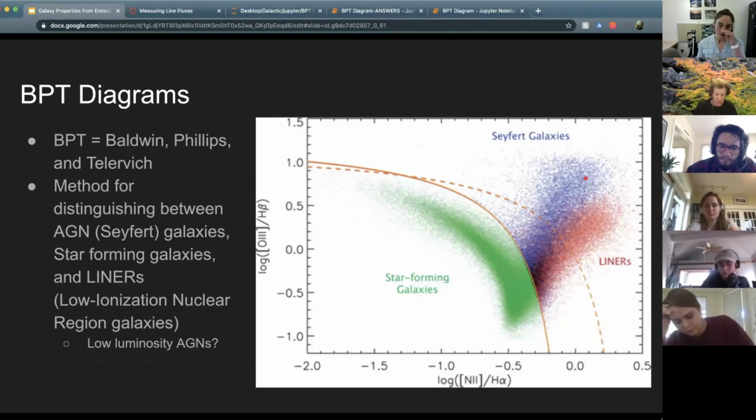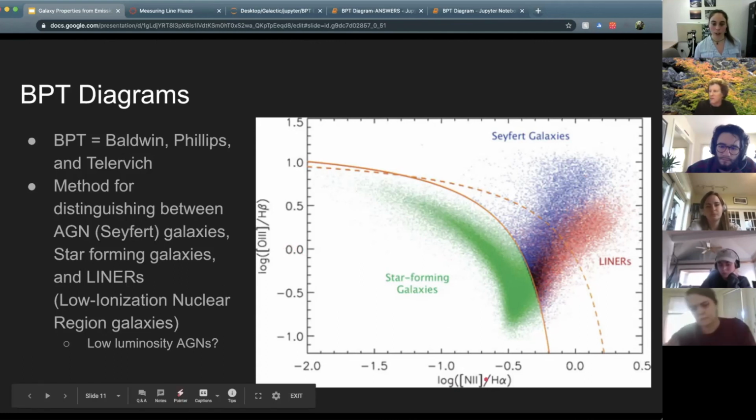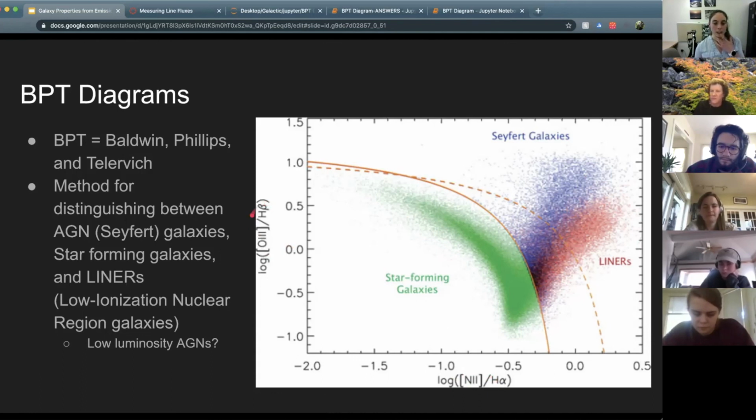And they found that they could separate AGN galaxies or Seyfert galaxies from star-forming galaxies and LINER galaxies, or low ionization nuclear emission region galaxies, which we think might be a type of low luminosity AGN, based on these two ratios of emission lines. So these are our red emission lines of singly ionized nitrogen and neutral hydrogen, H alpha, and then our ratio of doubly ionized oxygen and H beta, the Balmer beta transition in hydrogen.